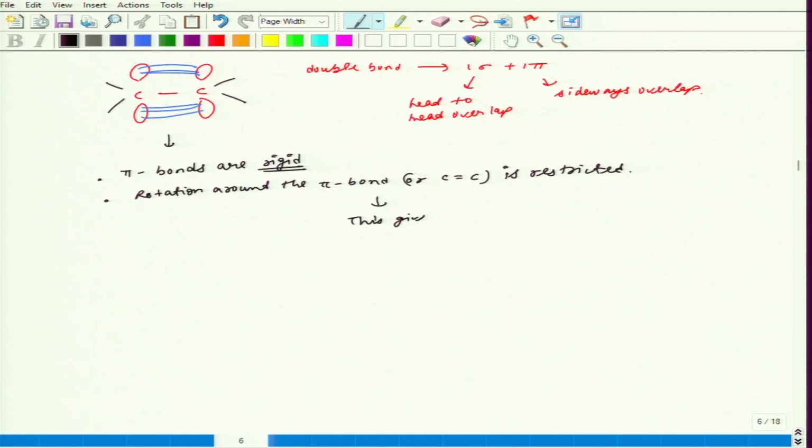This gives rise to what is called geometrical isomerism.